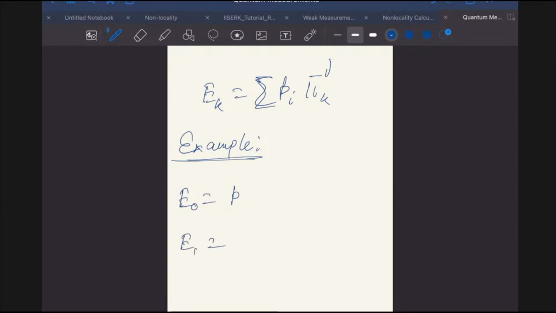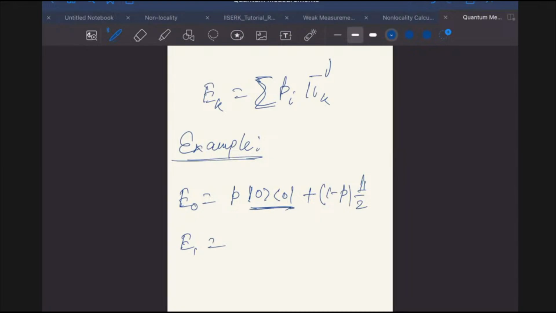Let me write such POVMs. E0 equals P into |0><0| plus (1 minus P) into identity by 2. Realize this like this. Let's say a 2-level system and you have 2 outcomes. For pi 0, in the ideal scenario, for |0>, you always get a detection in the up direction. And similarly for |1>, you get a detection in the down direction.